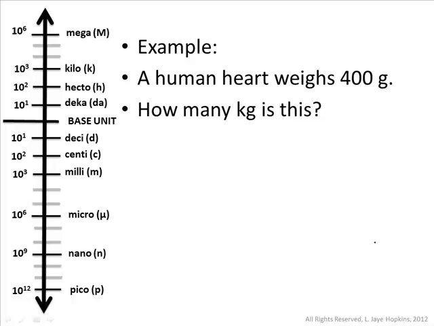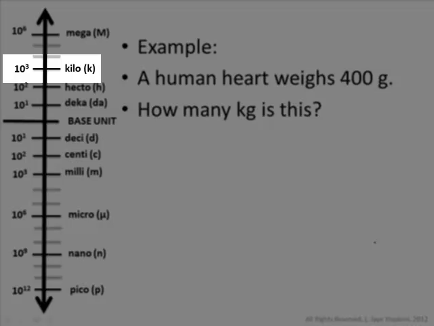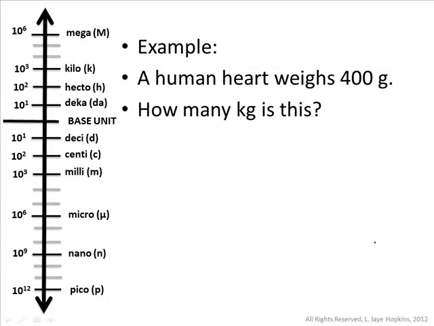Okay, so to determine how many kilograms are in 400 grams, I first have to remember that kilo means 1,000 times larger than the base unit. And anytime we change to a value that's larger than the base unit, I'm either going to move my decimal point to the left, or I'm going to divide by the number that's appropriate for the prefix.